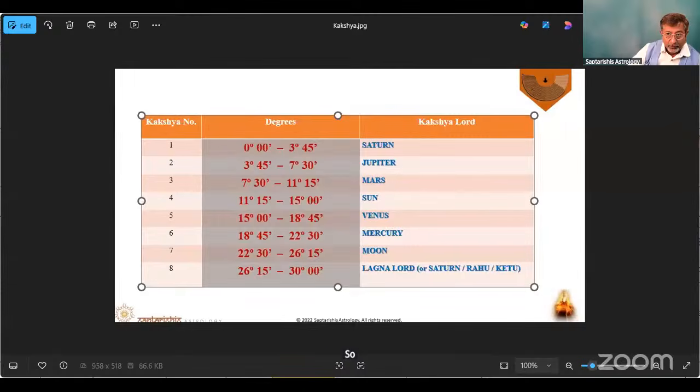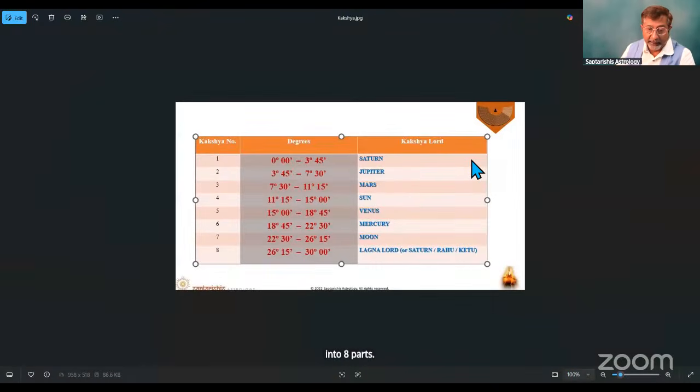So how do you understand? A house is divided into 8 parts. Keep on adding people. So the house is divided into 8 parts, and Kaksha means like a compartment.